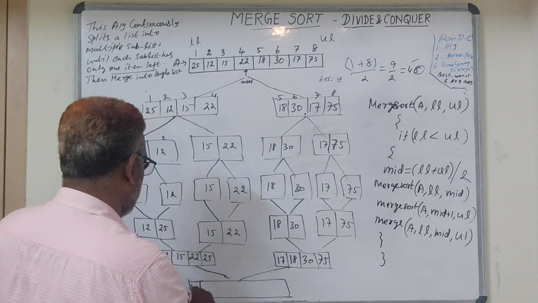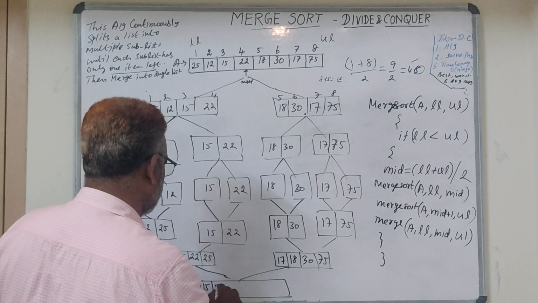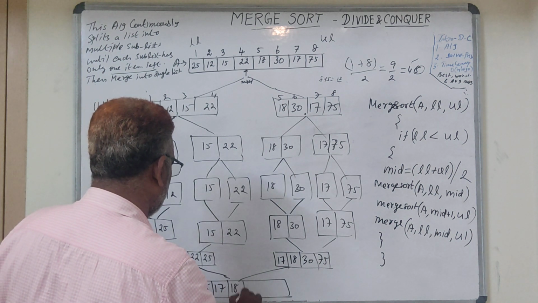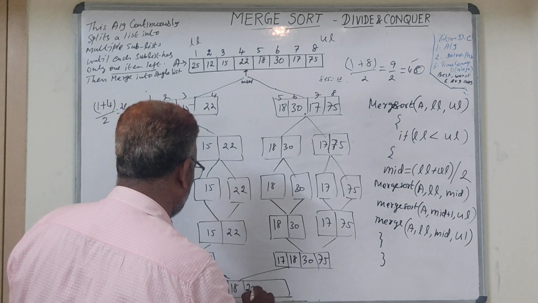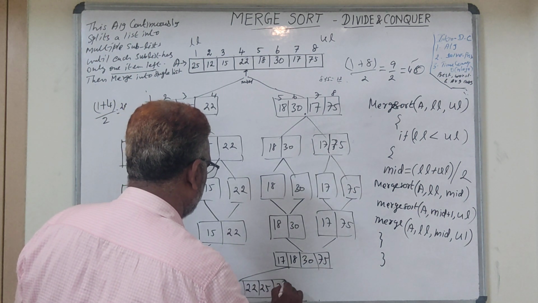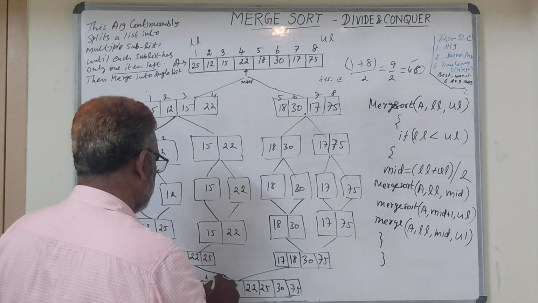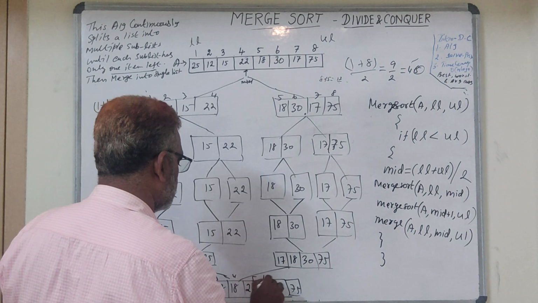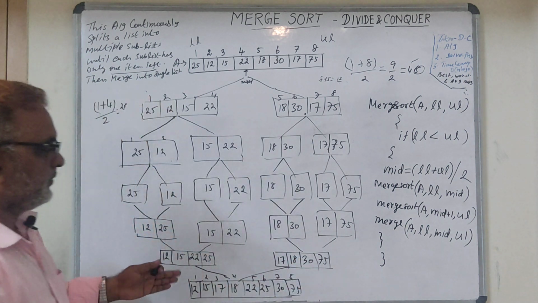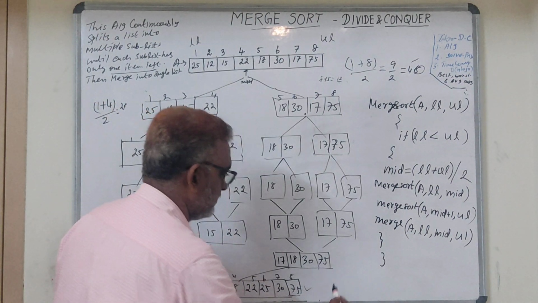So that is 12, then 15, then 17 and 18, then you have 22, 25, then 30, then 75. So 1, 2, 3, 4, 5, 6, 7, 8. See that now we got the sorted list.